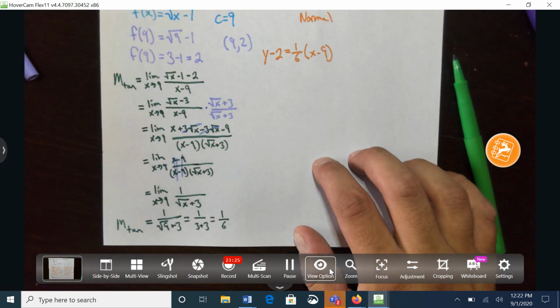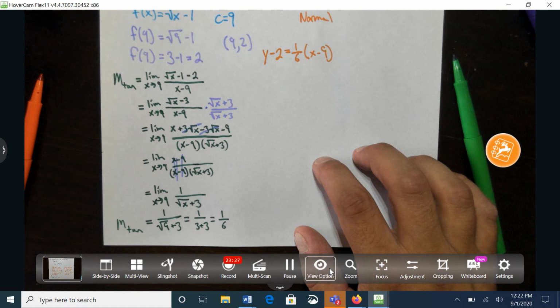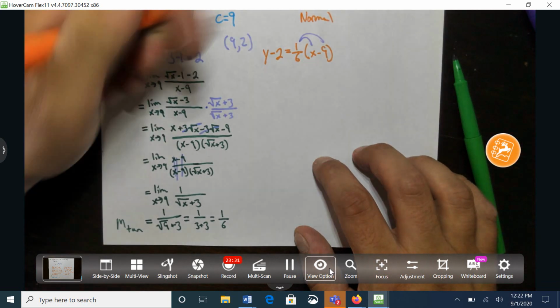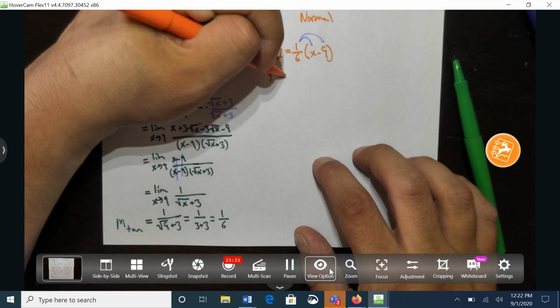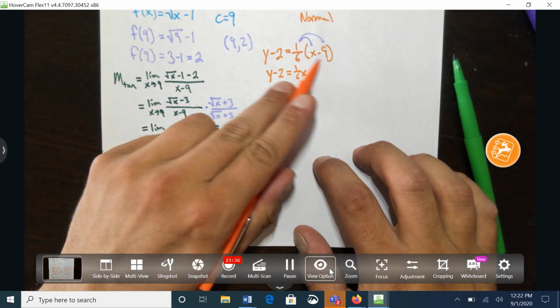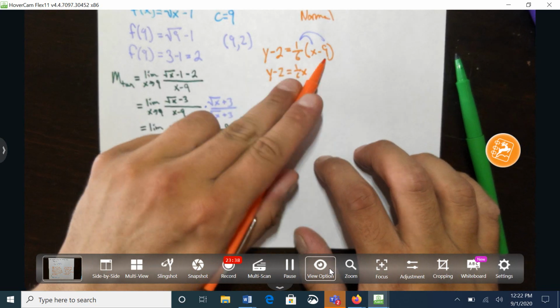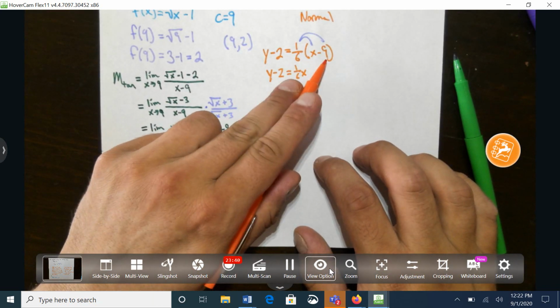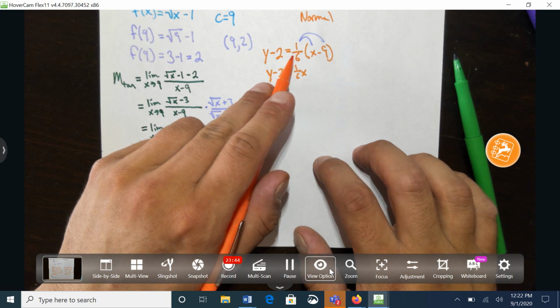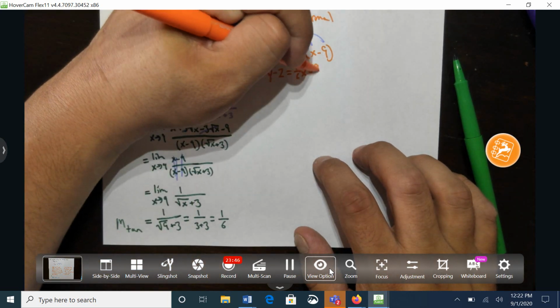And then just simplify, right? We want to distribute this 1 over 6. So y minus 2 is equal to 1/6 times x, which is 1/6x. Then 1/6 times negative 9. Remember, if you have a whole number you're multiplying to a fraction, multiply the whole number to the top, and then see if you can divide by the bottom. In this case, it's just going to be negative 9/6.